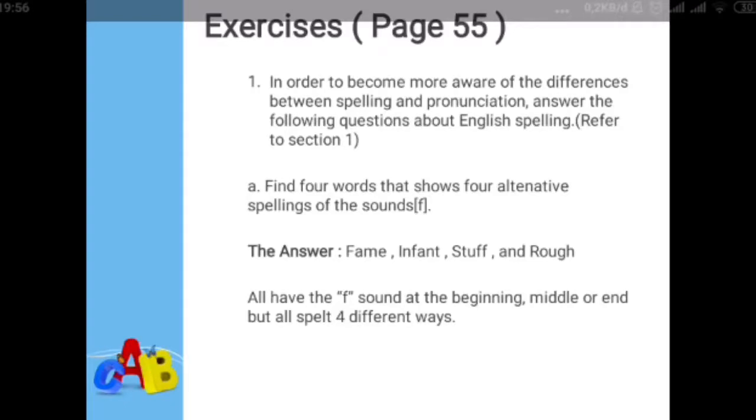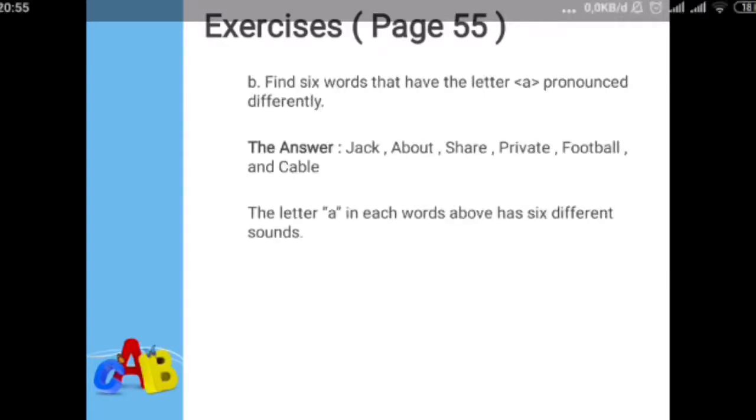In part B, find six words that have the letter A pronounced differently. The answer is jack, about, share, private, football, and cable. The letter A in each word has six different sounds.